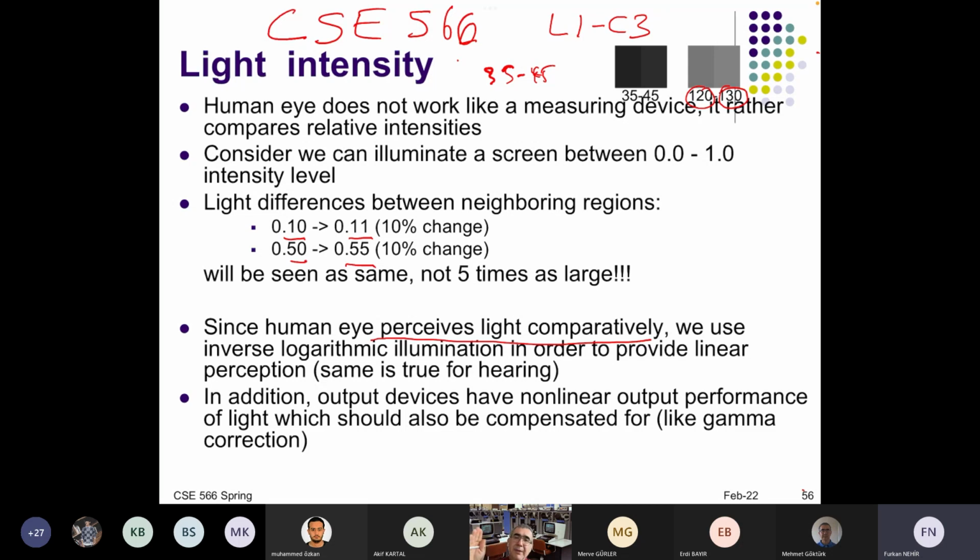Then we have equal levels in illumination or screen or whatever kind of perceptual receptor.